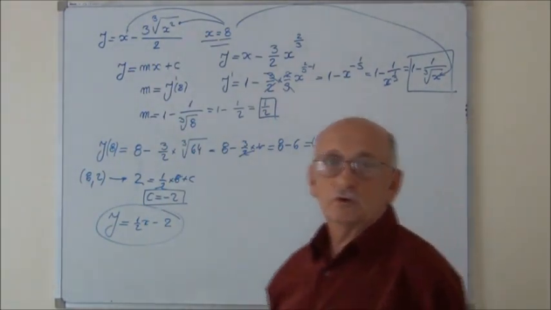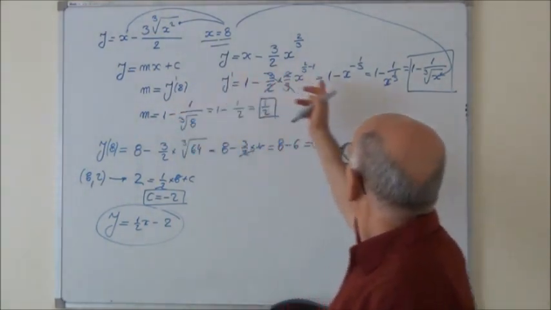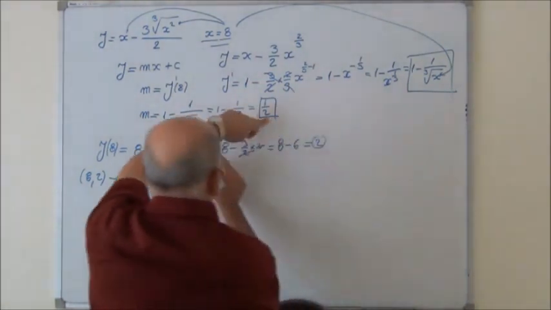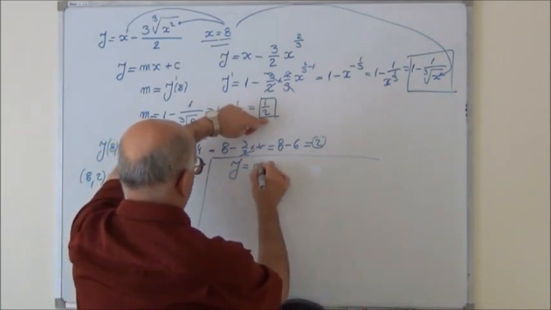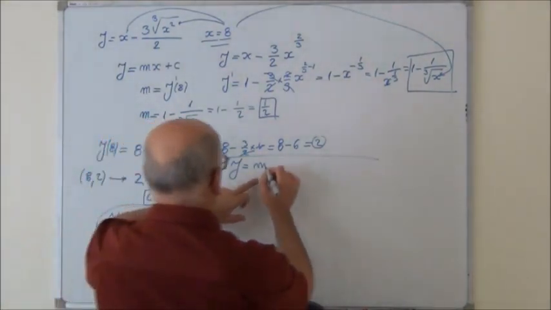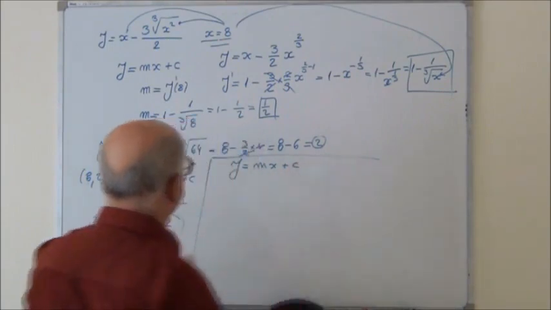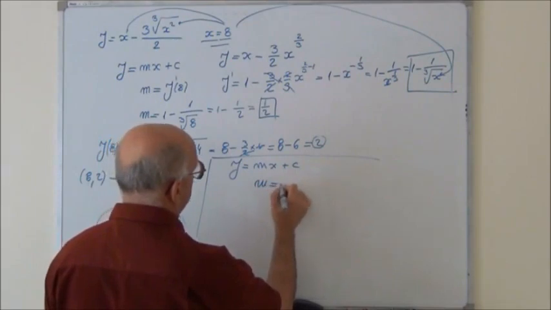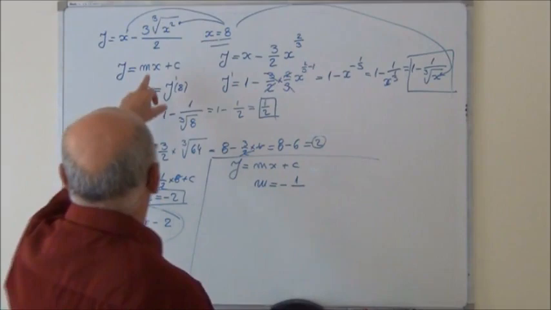Now, to find the equation of the normal, we can use everything we did before. I will write here again, y equals gradient of the normal times x plus c, and my gradient of the normal line is equal to minus 1 over the gradient of the tangent line.